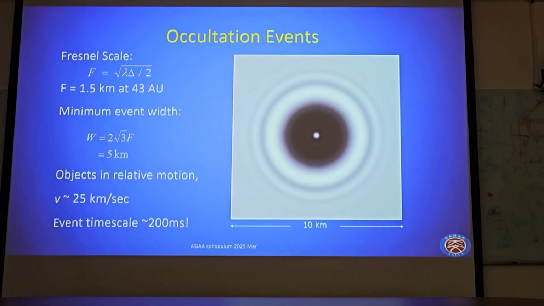As I mentioned, the occultation event is essentially limited by the Fresnel scale, which is a function of wavelength and distance. For the main targets that we'll look at, at 43 AU, the Fresnel scale is 1.5 kilometers, and the event width is roughly a factor of the Fresnel scale, around 5 kilometers.